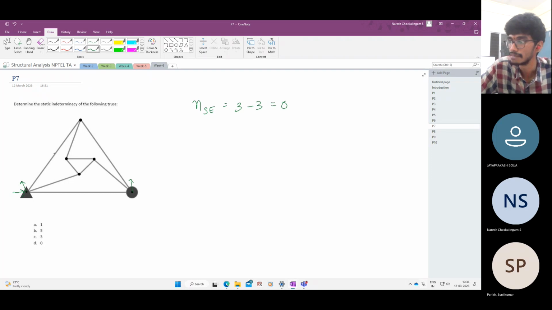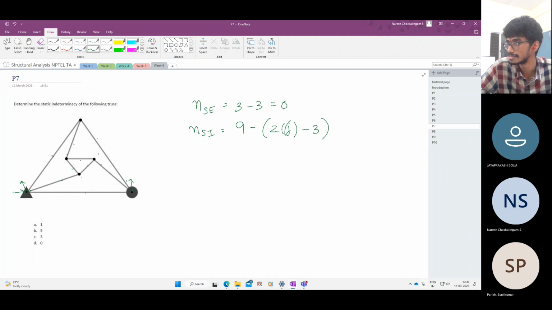Internally, how many members are we having? We are having 1, 2, 3, 4, 5, 6, 7, 8, 9 members. So internally, we have 9 members. There are 9 member forces. And how many joints are we having? 1, 2, 3, 4, 5, 6. So at each joint, we have 2 equilibrium equations. So 2j, but I have to exclude the global ones.